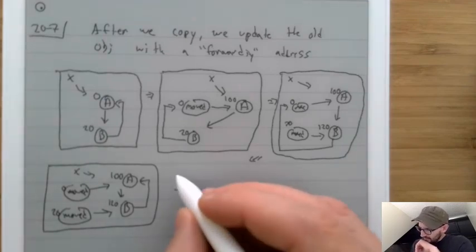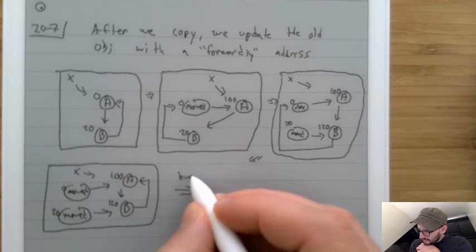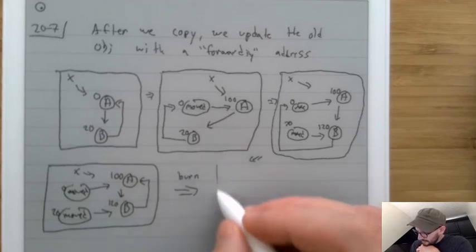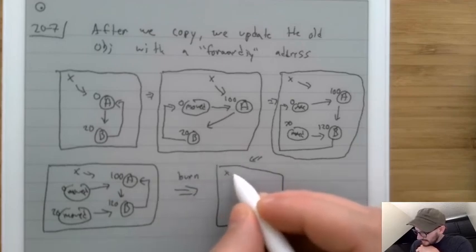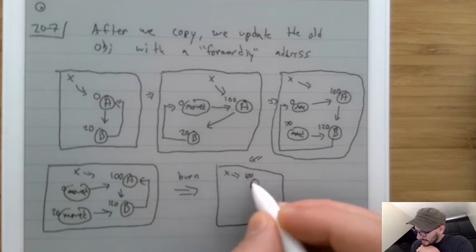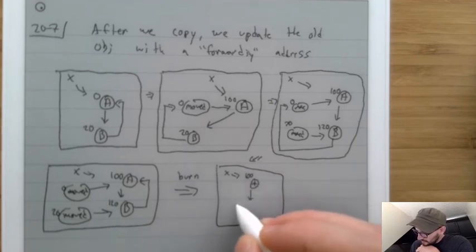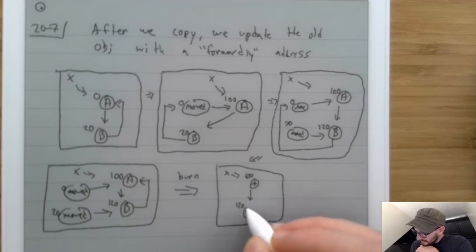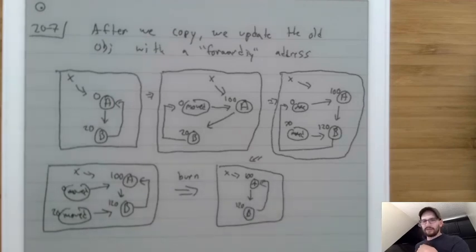And so then we burn. And when we burn, we're left with only X going to A at 100, which points to B at 120, which points back to 100. These forwarding pointers ensure that we don't get stuck in an infinite cycle when we're copying.